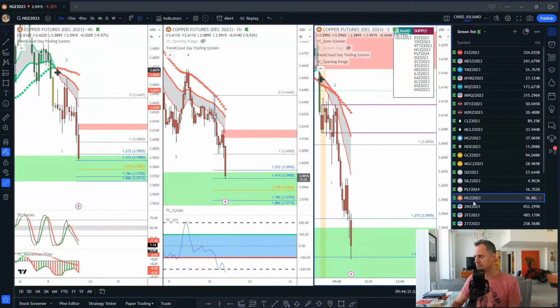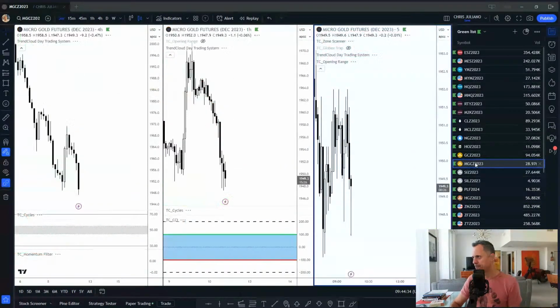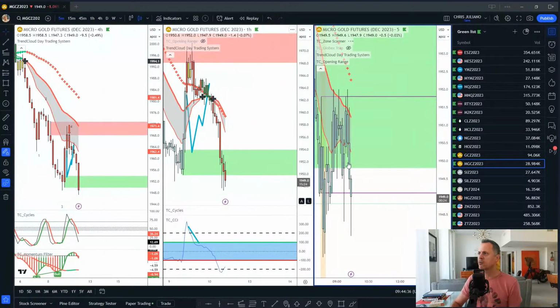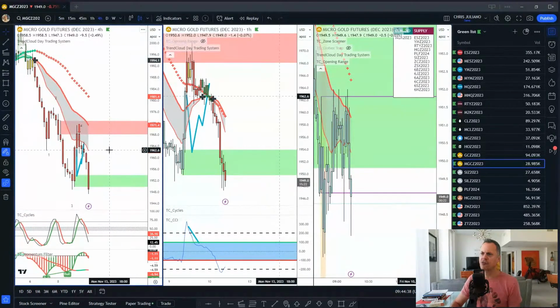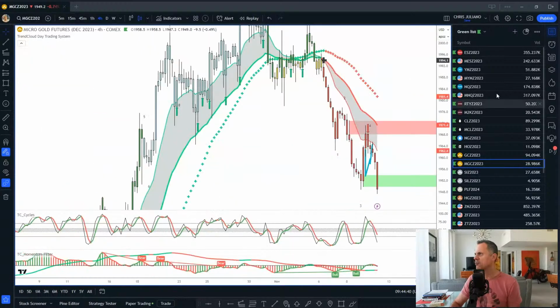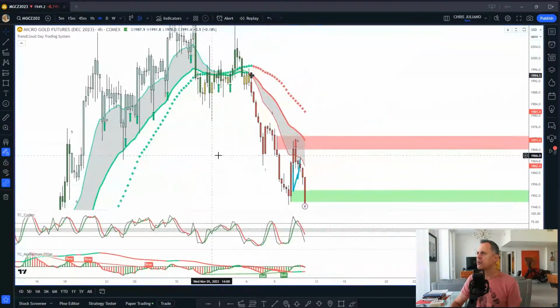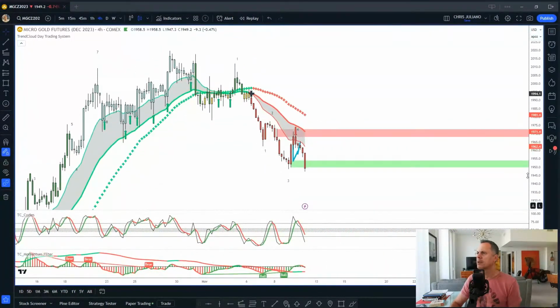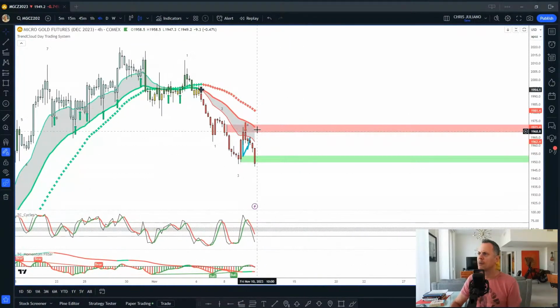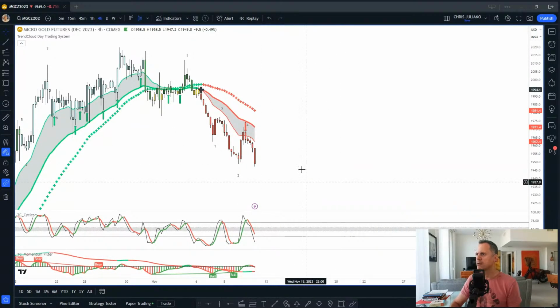So excellent. Well done. Let's go over to micro gold. All right, this is what we were talking about yesterday on micro gold, right? In a downtrend, cycling down, momentum is down, came into that 4th wave, pulled back into that 4th wave, and now we're pushing down, right?